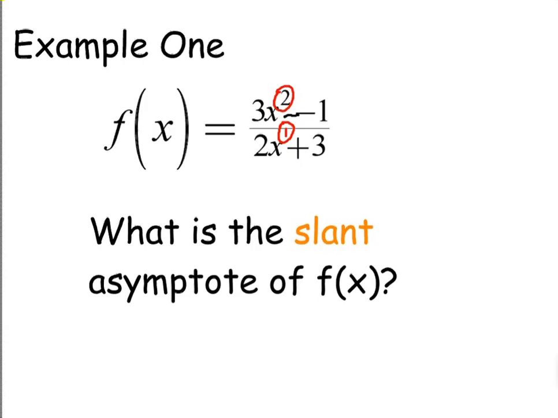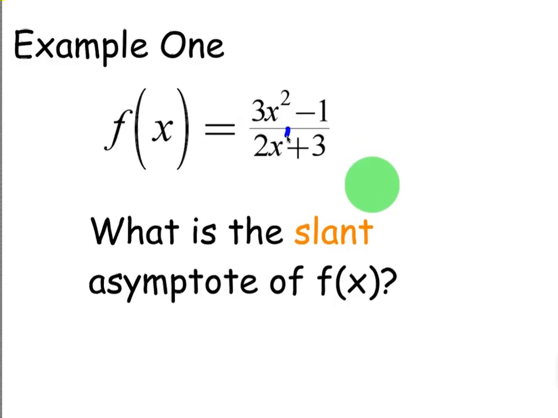Okay, let's go ahead and do example 1. I need to delete some of that notation there. Okay, we have f of x equals 3x squared minus 1 over 2x plus 3. Is the highest power on top 1 more than the bottom? Yes, there's technically a 1 there.